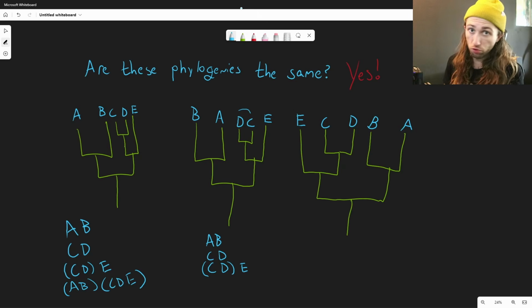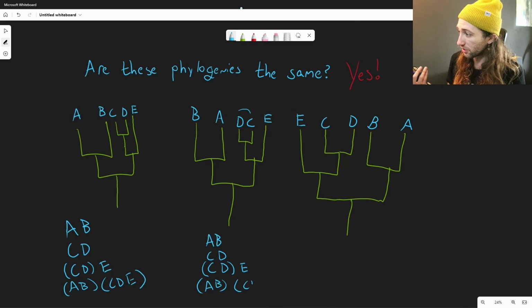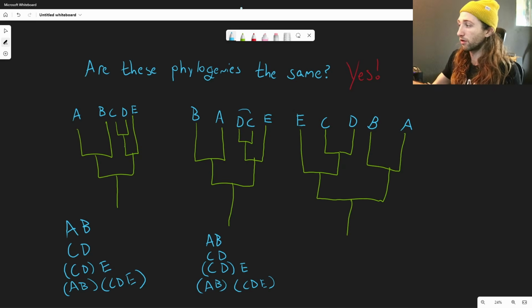DC with E would mean exactly the same thing. No difference, but we're just drawing it here. And then lastly, these groups, so AB, is most closely related to the clade containing CDE. Okay, awesome. So from this, A and B is equal, CD is equal, CDE is equal, ABCDE is equal.